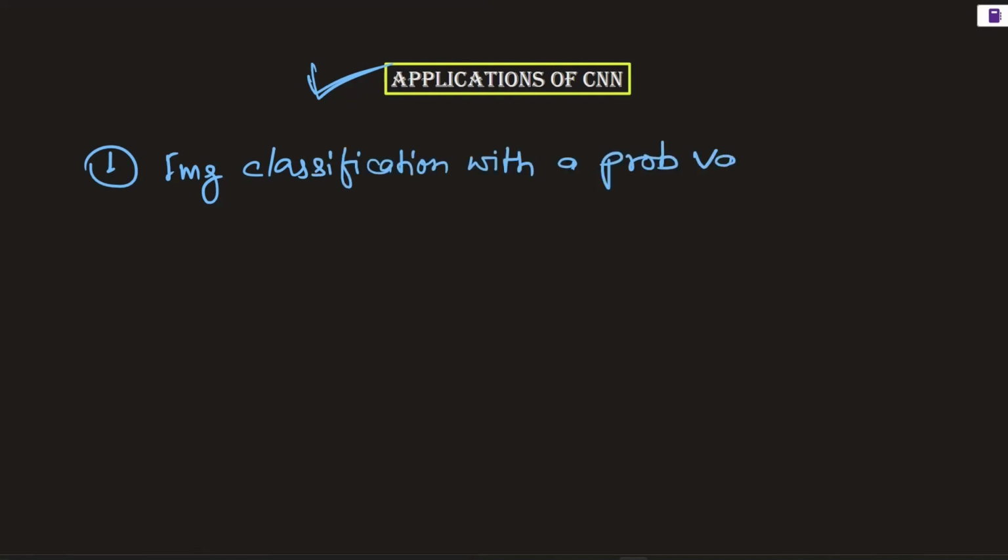And finally, let's close the discussion by understanding the applications of CNN. Because if you are learning a particular technology or architecture, you really need to understand what the applications or uses of that technology are. So the first thing is the CNN model is able to do image classification with a probability value.